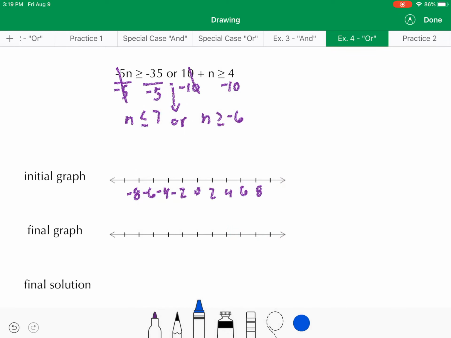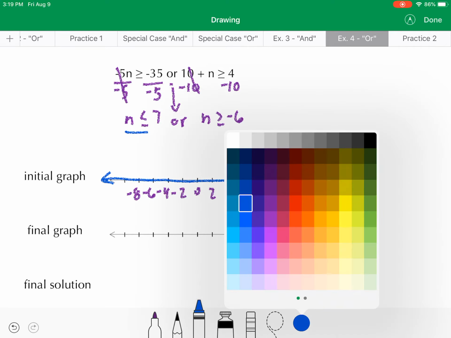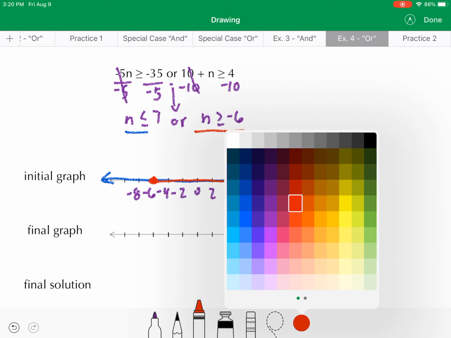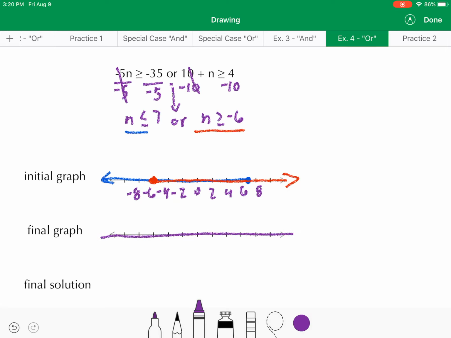Okay, we'll do n is less than or equal to 7 in blue. N is greater than or equal to -6 in red. Or implies a union, so if I take the blue and the red graphs and find their union, I'm going to end up with the entire number line. All real numbers is my final solution in this case.